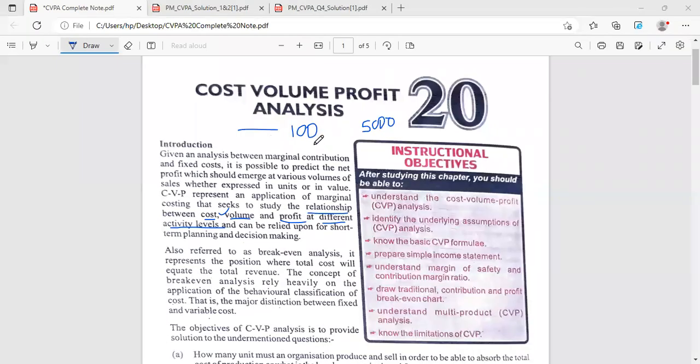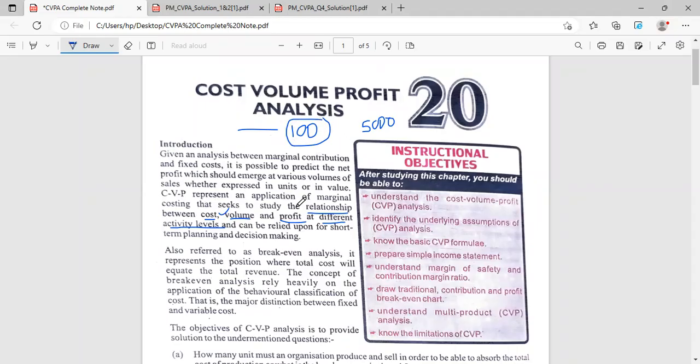So what are we trying to say? We are trying to say that with CVPA, we're able to tell the cost of producing a particular product at a particular level of output. So if you want to produce 100 units of product with CVPA, we can be able to tell how much we should use in producing that 100 units of product.